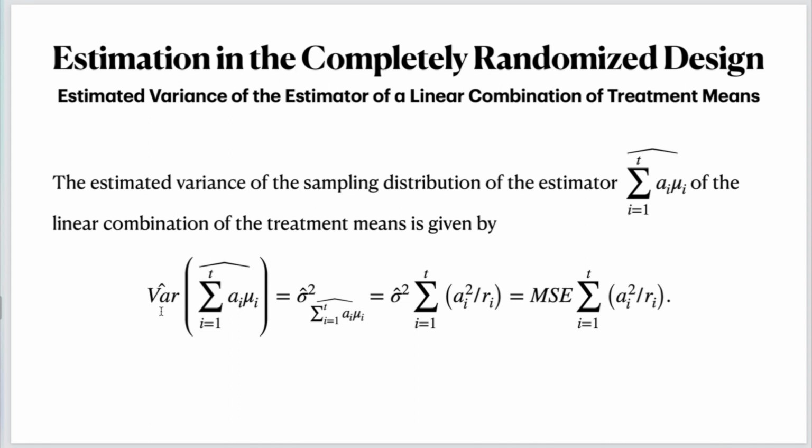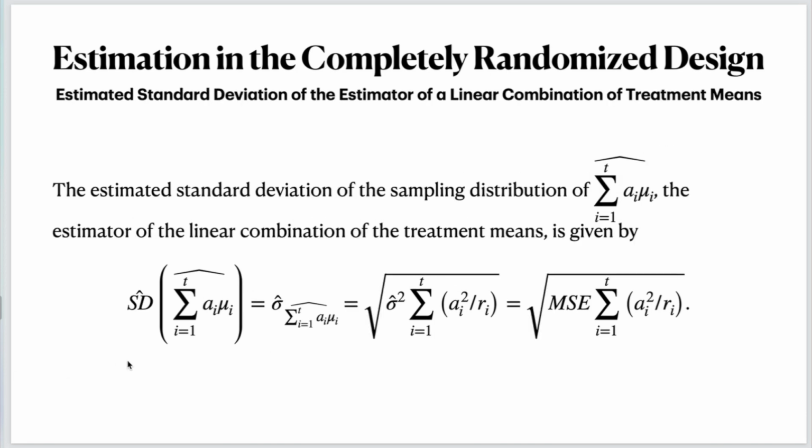So the estimated variance of this estimate of the linear combination is equal to sigma hat squared, which is MSE, times the sum, i going from 1 up to t, of a sub i squared over r. Then we can come up with the estimated standard deviation, which is just the square root of the estimated variance.